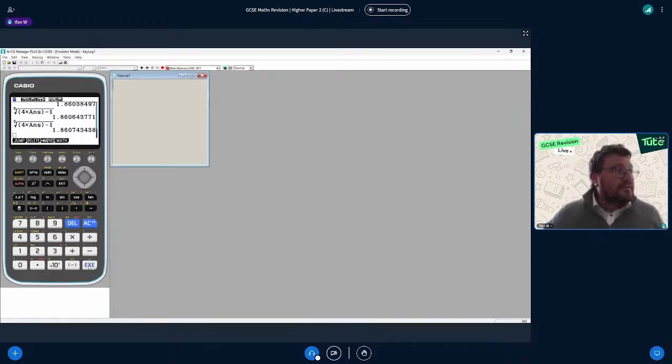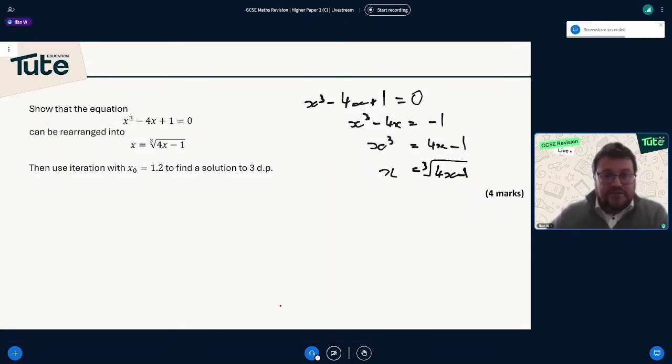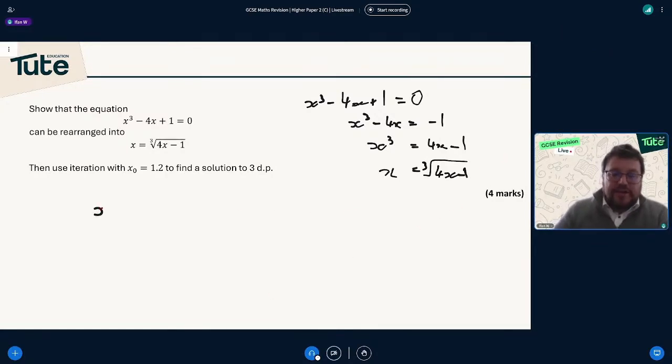If we continue just clicking that, what you see is 1.8608. That's very important that you get to that, because the question actually asked you to do it to, if I'm right, 3 decimal places. So x10 is equal to 1.86, and because it's 08, there's a 1 after it.